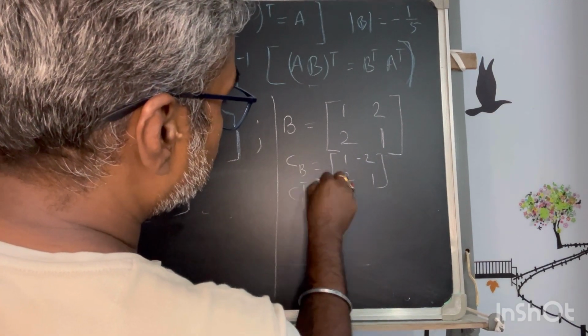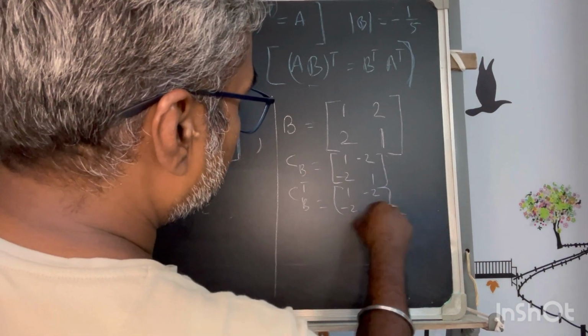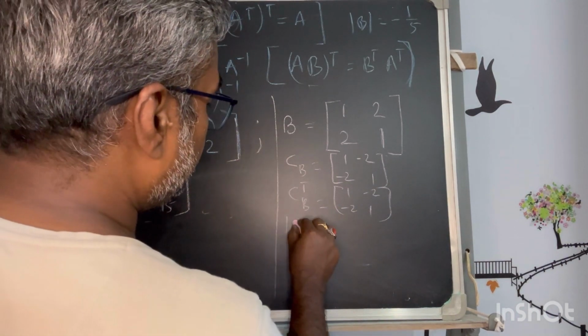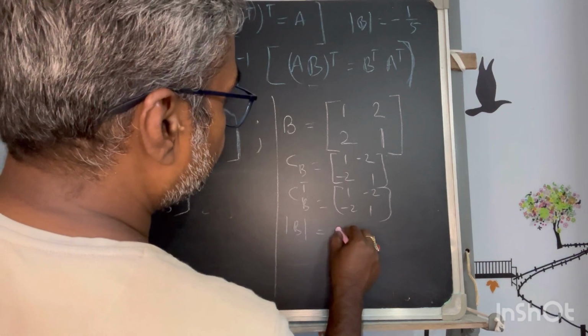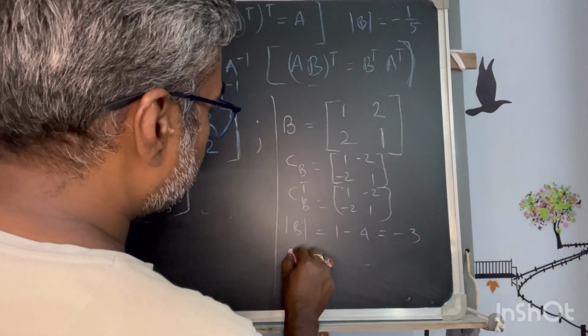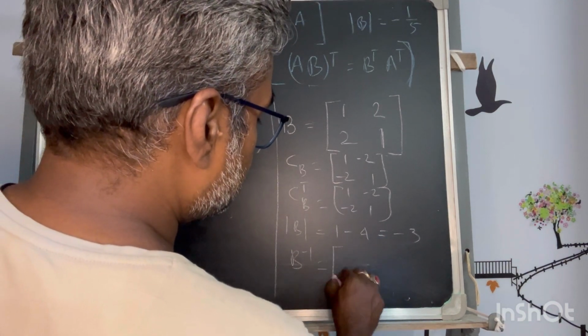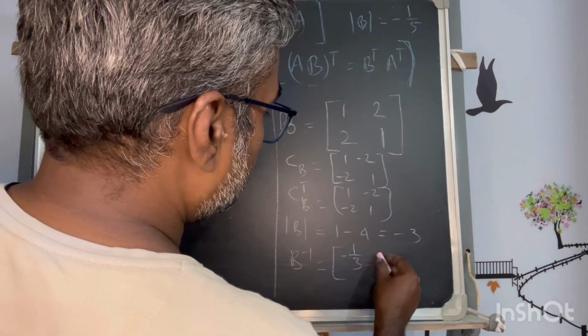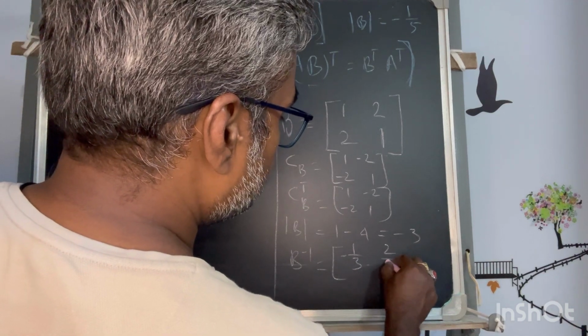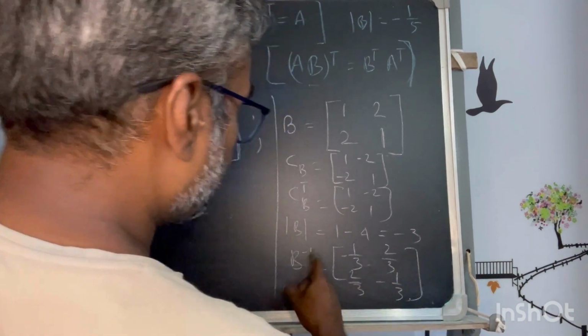CB transpose is equal to 1 minus 2 minus 2 1, and the determinant of B is 1 minus 4, that is equal to minus 3. Apply this, so B inverse will become minus 1 by 3, 2 by 3, 2 by 3, minus 1 by 3.